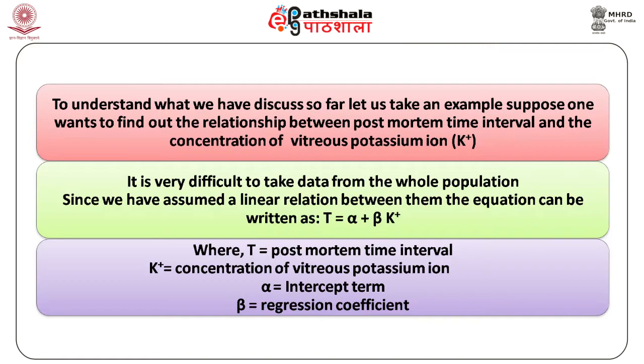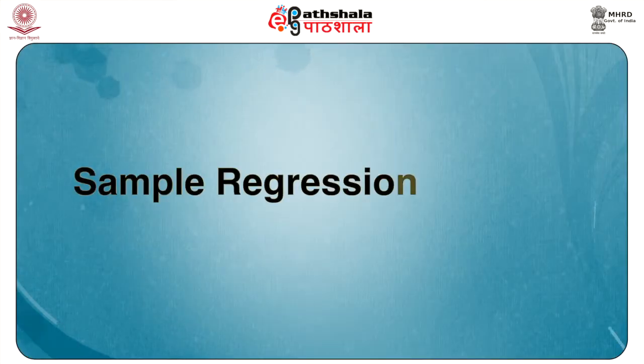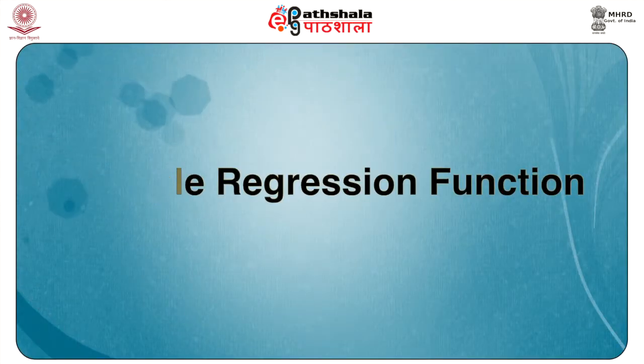The equation can be written as t is equal to alpha plus beta multiplied by K+, where t is equal to post-mortem time interval, K+ is equal to concentration of vitreous potassium ion, alpha is equal to intercept term, beta is equal to regression coefficient.